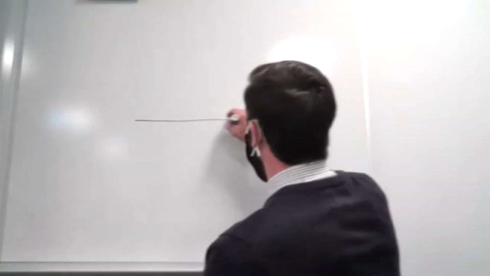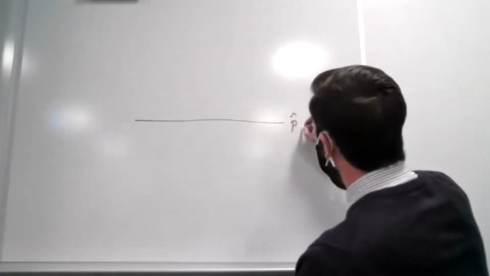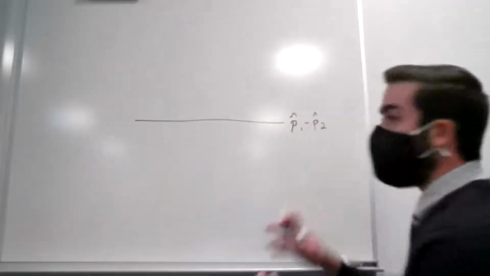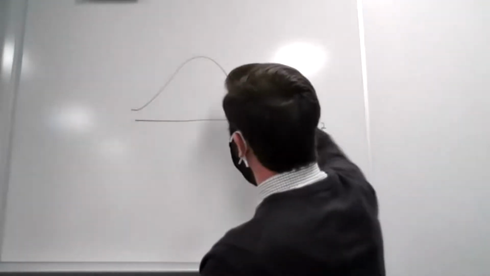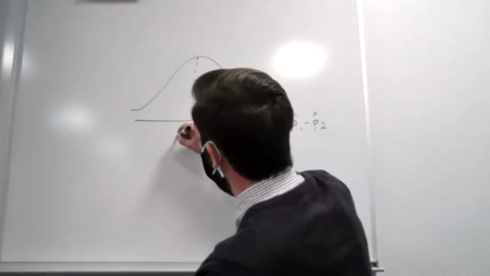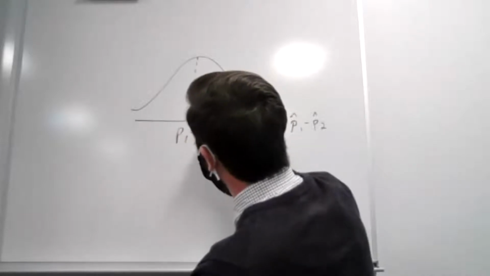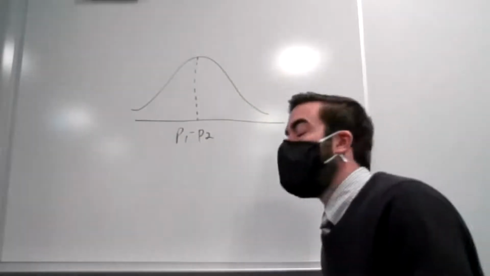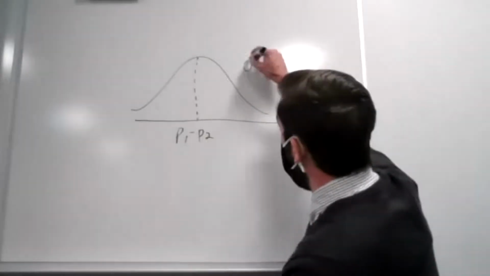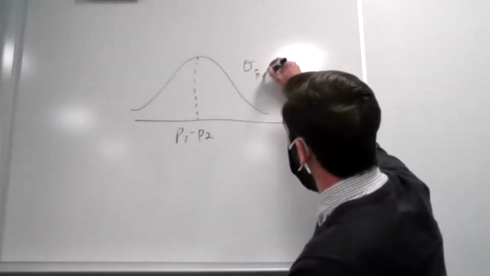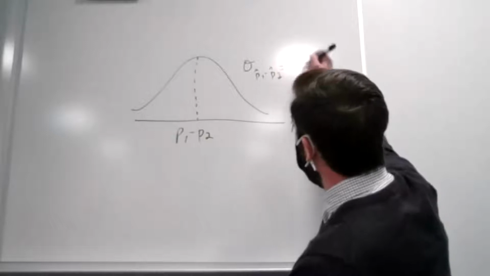Right? So we want to know what the difference in these sample proportions are. They're going to be normally distributed around whatever the true difference is, right? And then our standard deviation for the differences in those proportions.